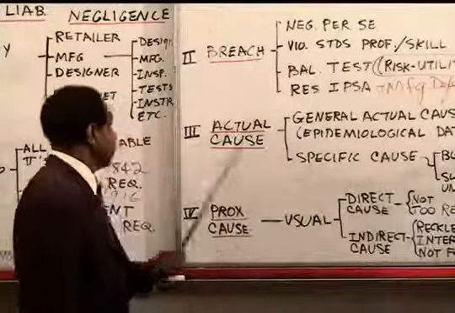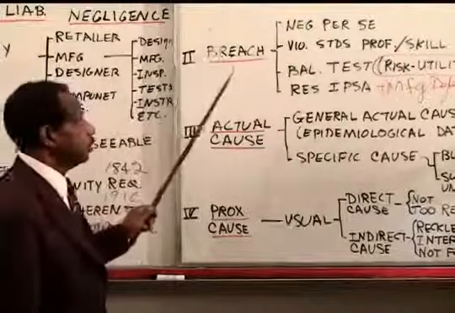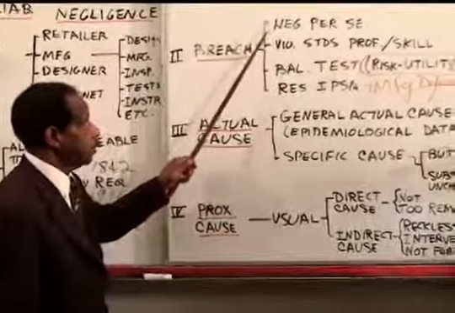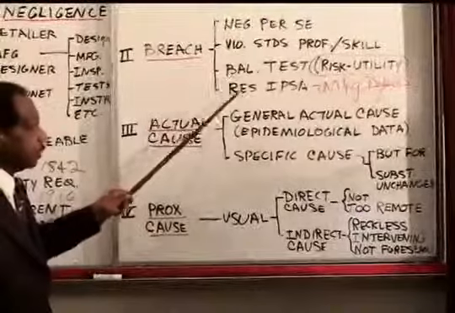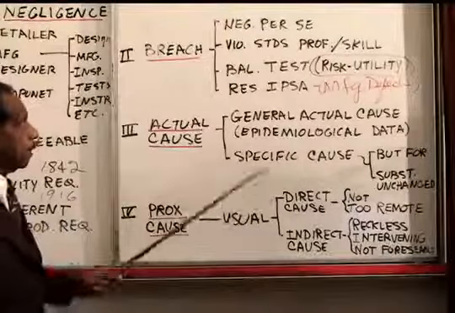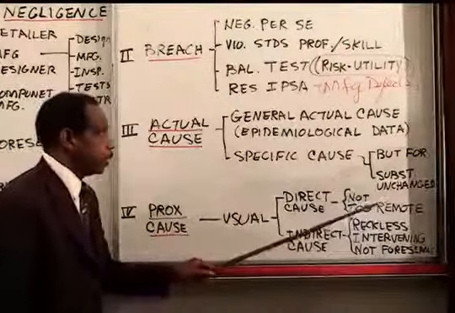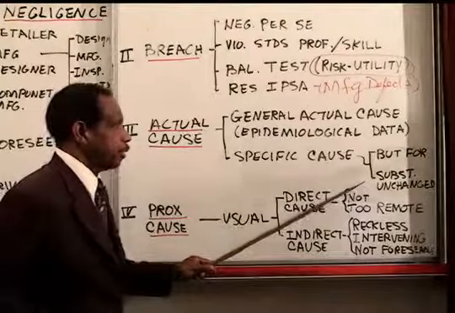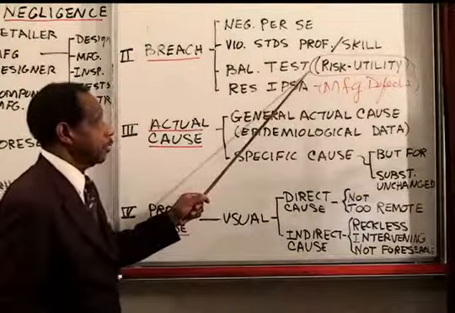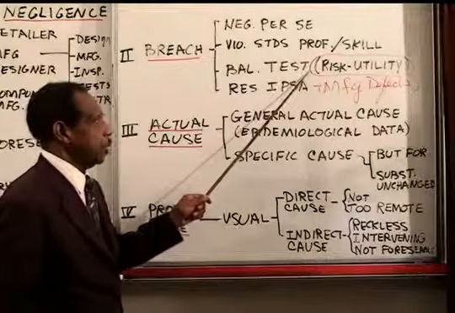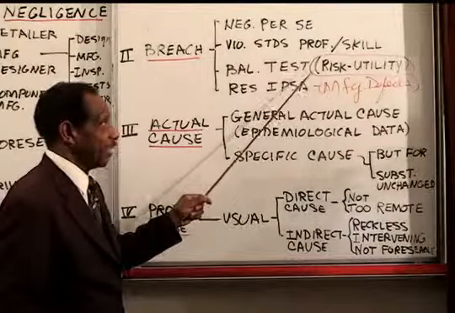So you establish the duty, then breach of duty by the usual methods: negligence per se, violation of standards of professional skill, balancing test, or res ipsa. When you later do a strict liability analysis, the risk utility analysis is generally used to establish whether or not there was a design defect.